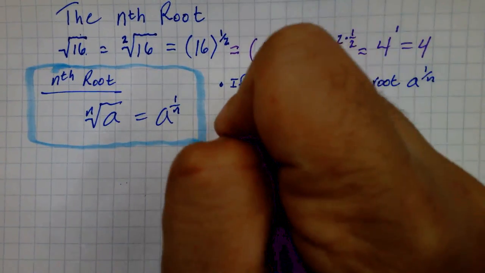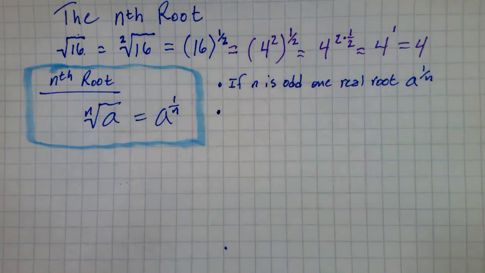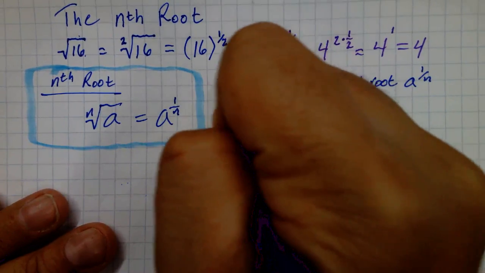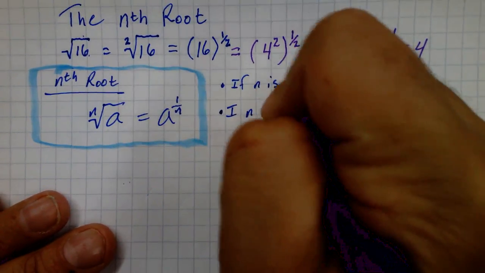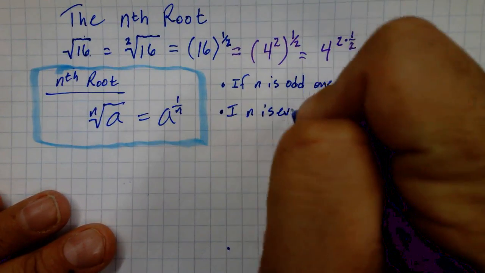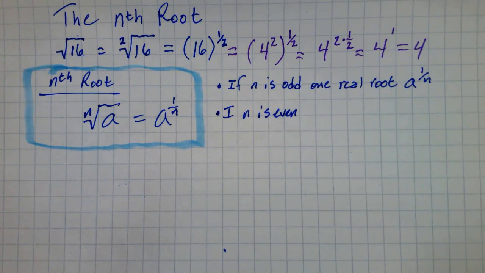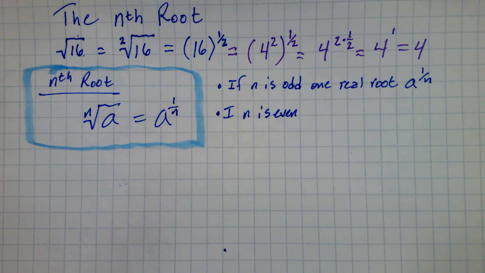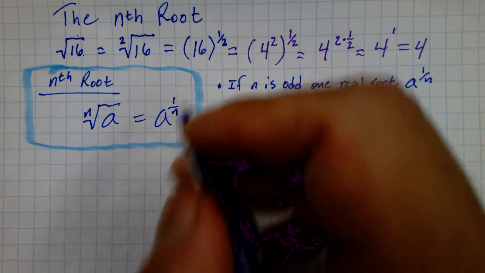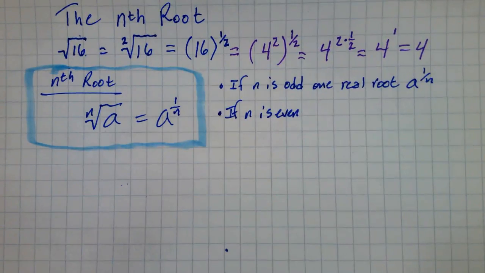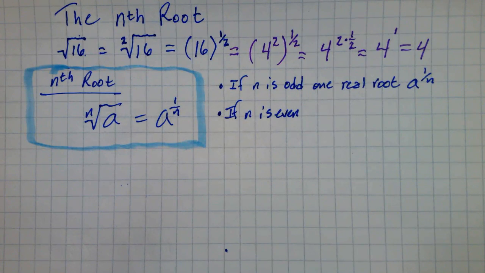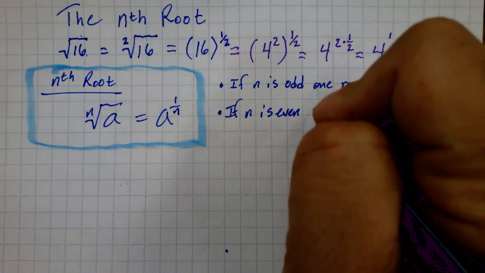Okay? Well, now here's what happens if it's even. If n is even, oh, yeah, that's important. So if n is even, you have two real roots.